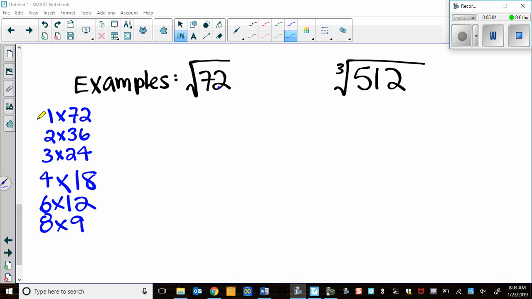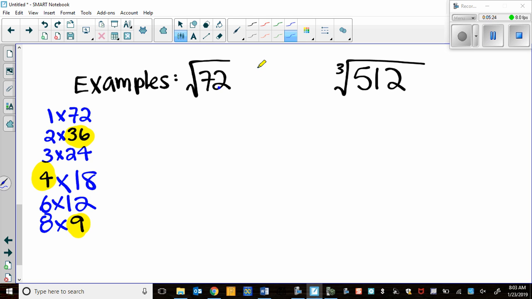Well, I know that the square root of 4 is a perfect square, so this is 1. 6 is not, 8 is not, 9 is, 12 is not, 18 is not, 24 is not, 36 is, and then 72 is not.